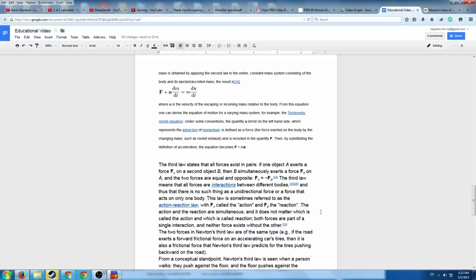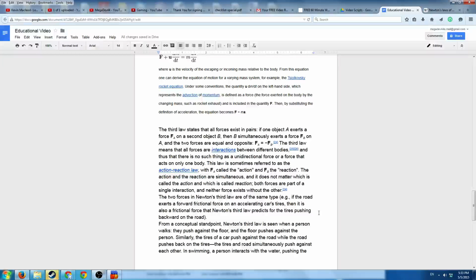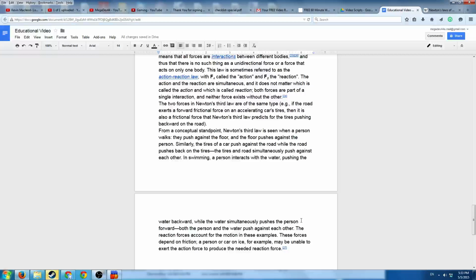From a conceptual standpoint, Newton's third law of motion is seen when a person walks. They push against the floor, and the floor pushes against the person. Similarly, the tires of a car push against the road, while the road pushes back on the tires. The tires and the road simultaneously push against each other. In swimming, a person acts on the water, pushing the water backward, while the water simultaneously pushes the person forward.